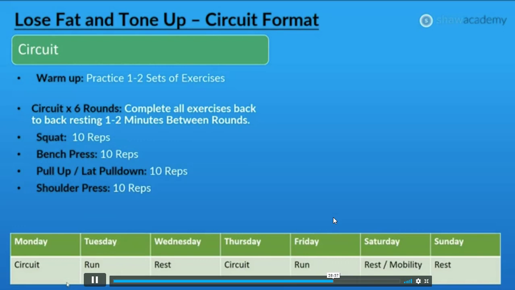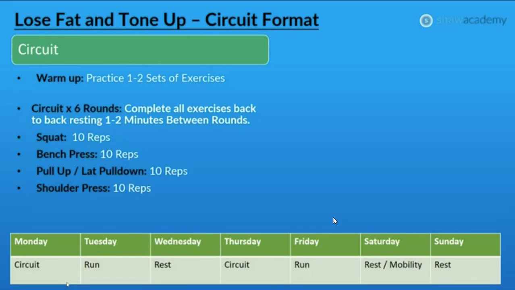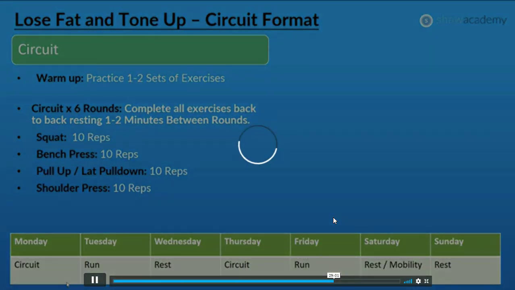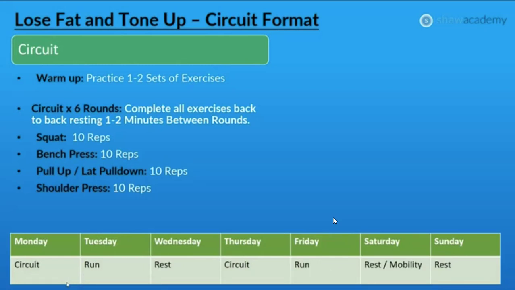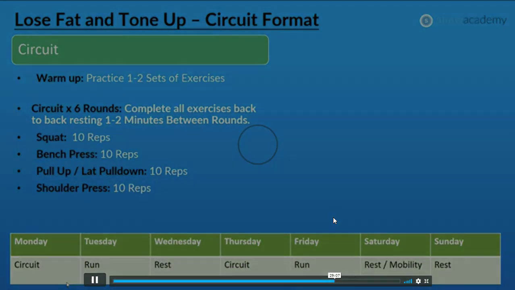The squat, the bench press, the pull-up, the shoulder press should all be challenging, even though they're in circuit. So pick a weight that's challenging. We talked about the last lesson, those last 3 reps, 8, 9, 10, they got to be challenging.